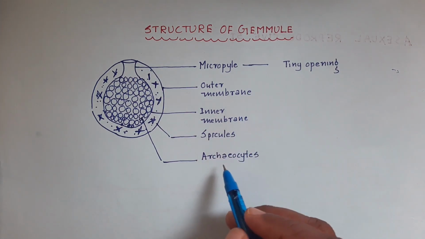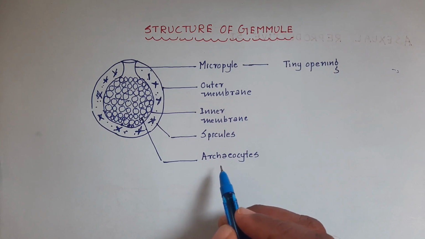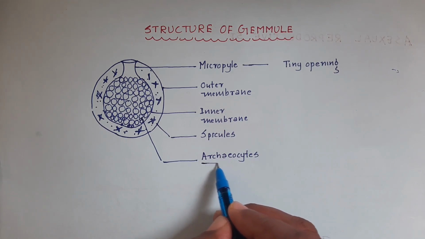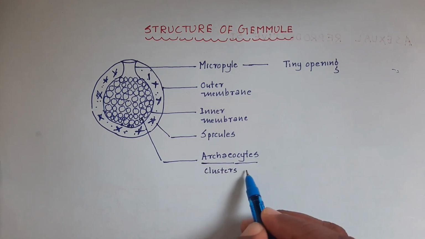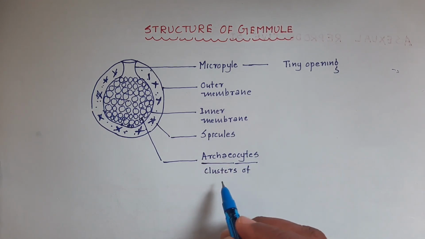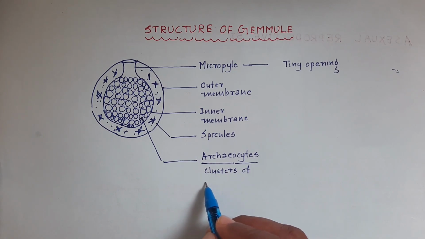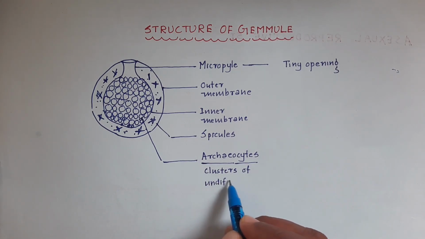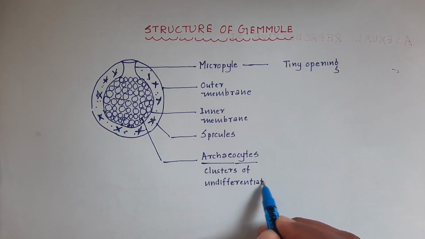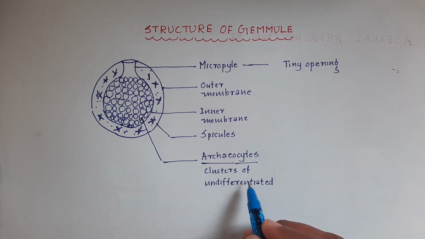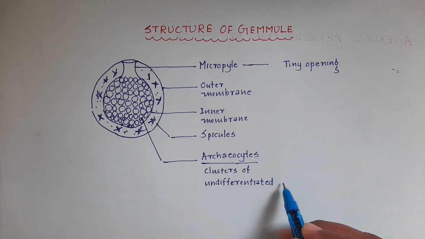The archaeocytes are clusters of undifferentiated cells.